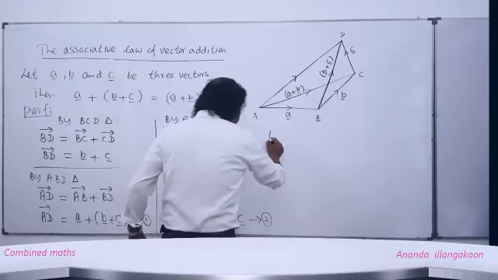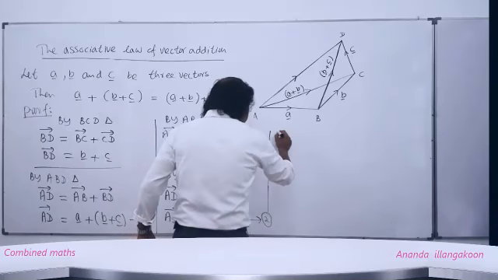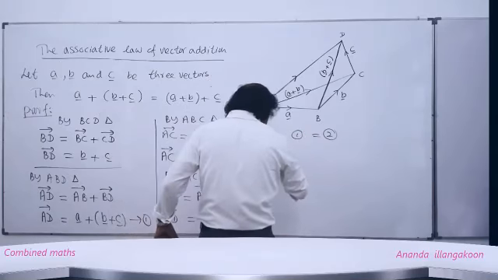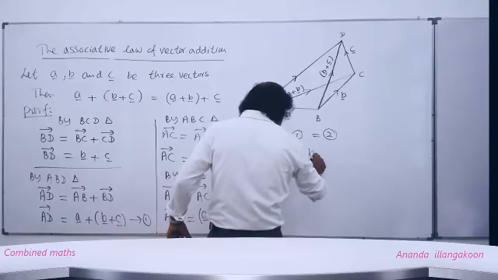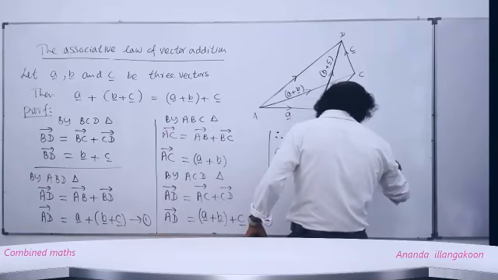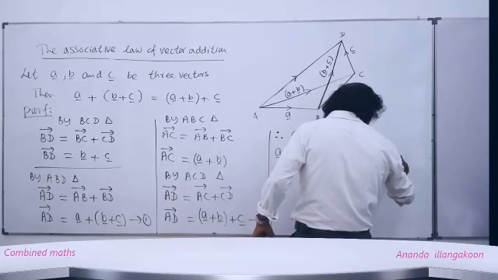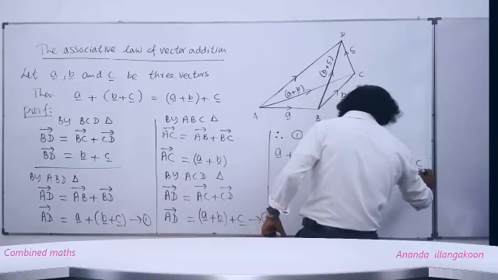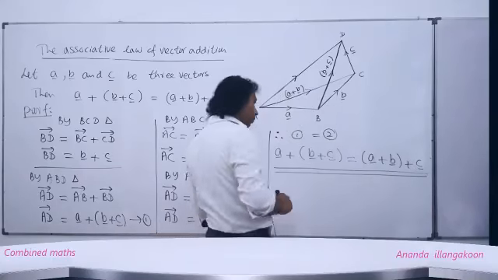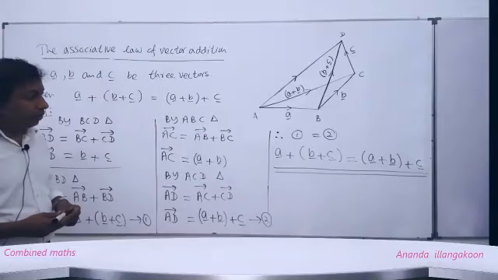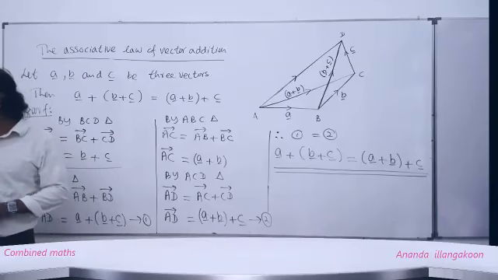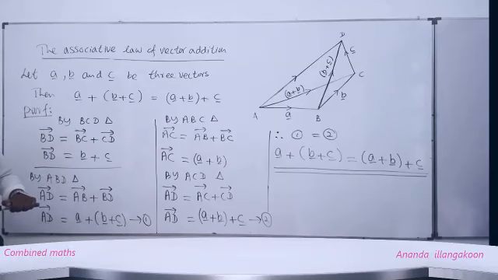Therefore you can write, 1 equals 2, then we get A plus B plus C is equal to, people, A plus B plus C. This is how we prove the associative law of vector addition. Complete the proof, people.